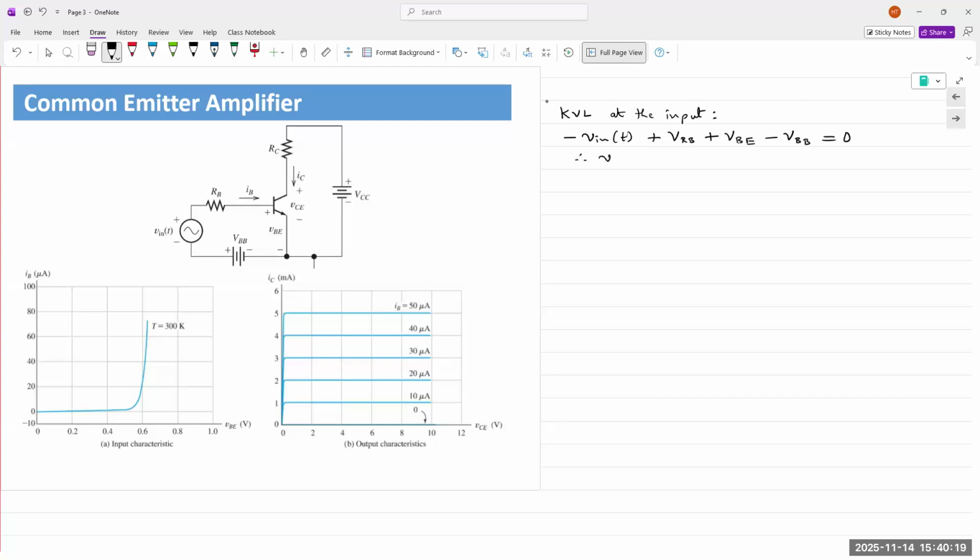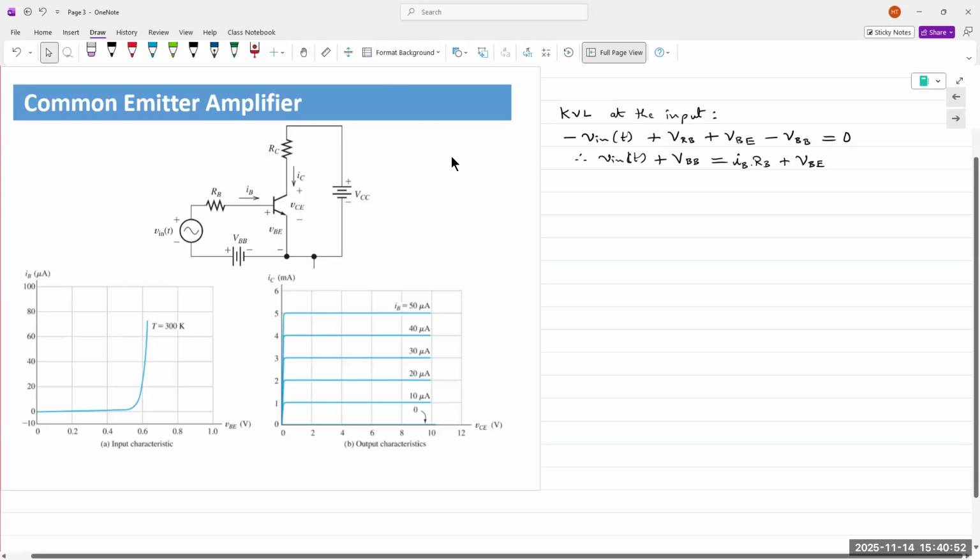I can write the expression vin(t) plus VBB is equal to IB times RB plus VBE. If you're trying to solve this kind of circuit, vin(t), the biasing voltage VBB, and the resistor values would be given to us.